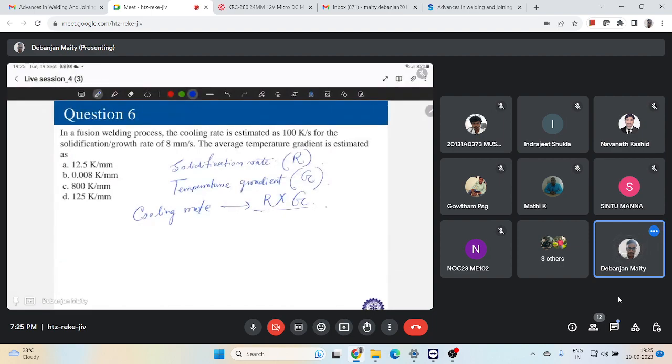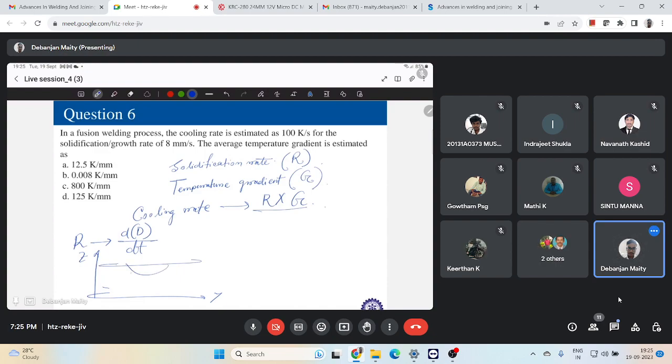Okay, how is your solidification rate defined? It is dT by dt. So if this is my y-axis, this is my z-axis, and you have some structure like this, this is at 0 degree my T and this is at 90 degree my T, and this is my mushy zone. Mushy zone in the sense that both liquid and solid coexist, right?